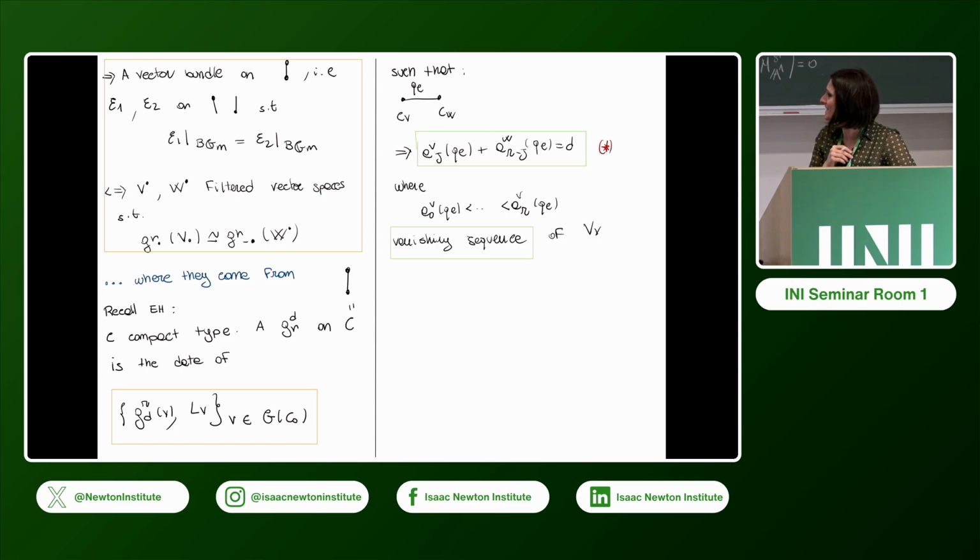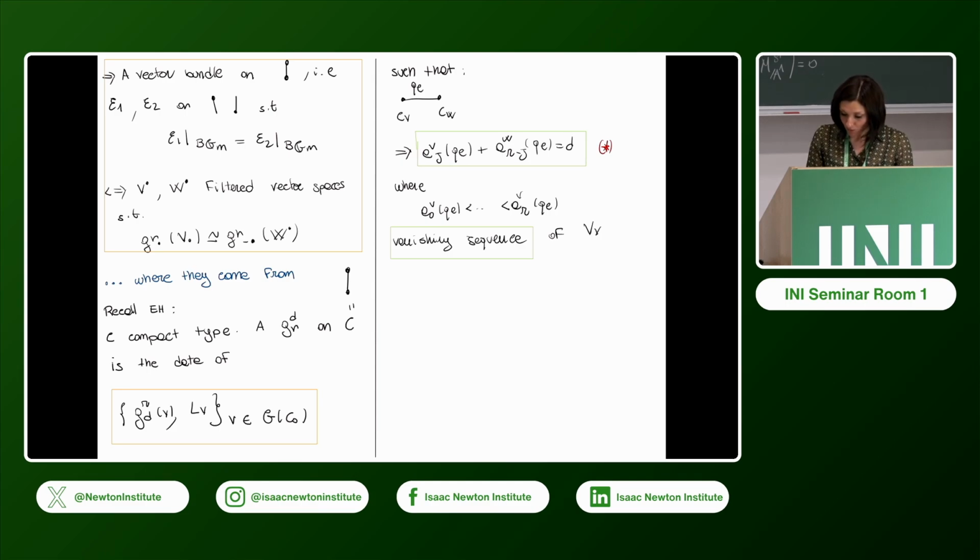In some sense, they were already there in the Eisenbud and Harris theory of limit linear series in the compact type case. It just wasn't phrased this way. But if you wanted to become modular the definition of Eisenbud-Harris, you would have come up with the definition of homothety vector bundle.